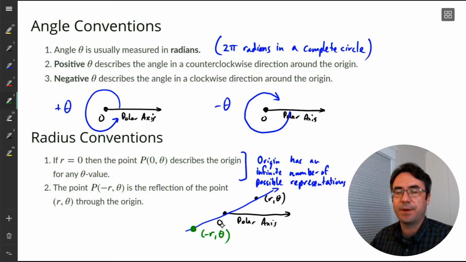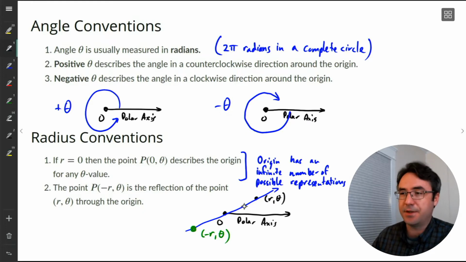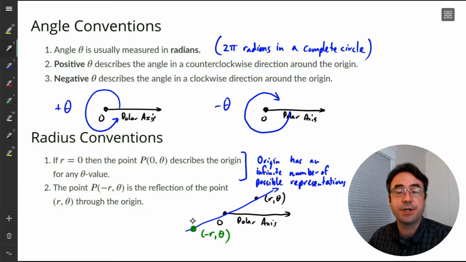And we'll see more about this in a little bit. Another way to think of this, though, is we're just taking this point r comma theta and rotating it around the origin, halfway around the circle, essentially.